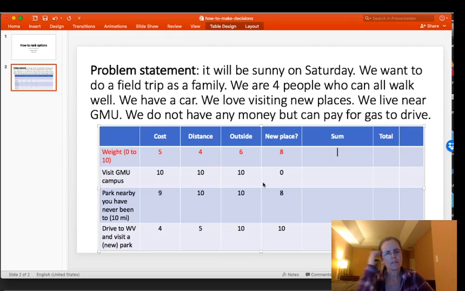And the only thing the decision matrix does is that we're going to sum. Each weight is like grading somebody's exam, right?